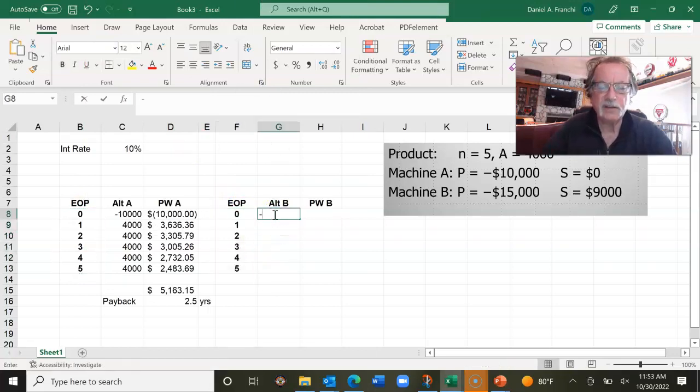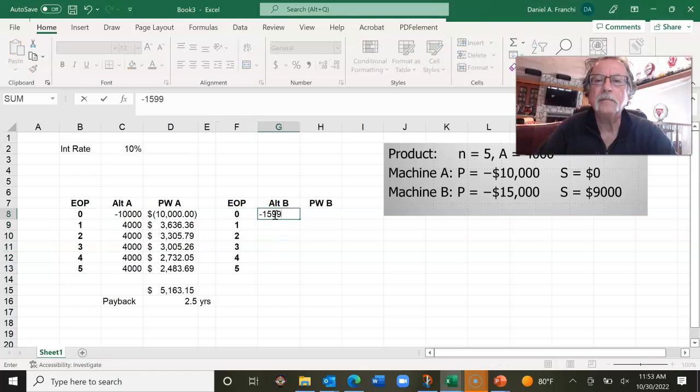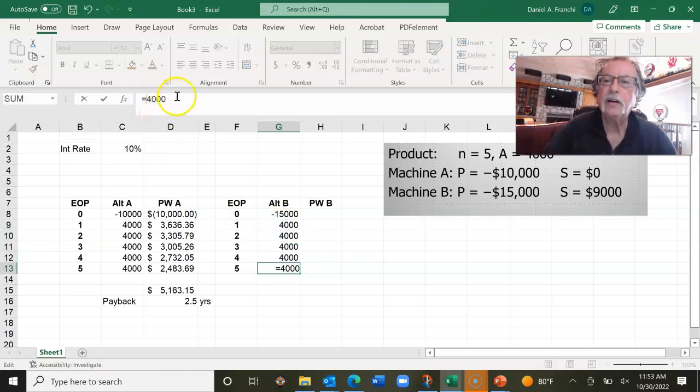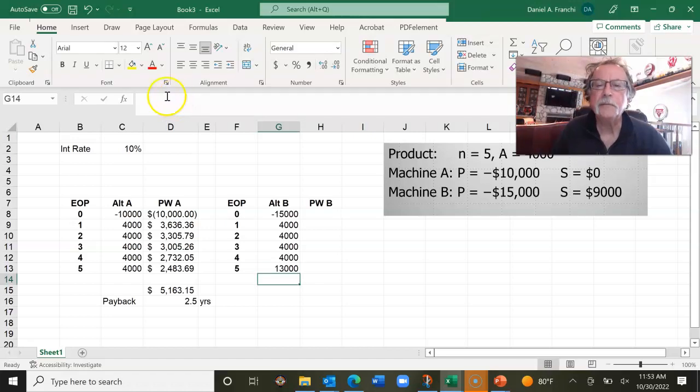Okay, we're going to spend $15,000 up front, and we're going to get $4,000 a year. But in the 5th year, we're also going to recover, we're going to sell this for $9,000. So we're going to get $13,000 in year 5.